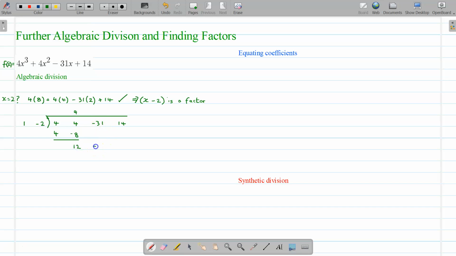Bring down the negative 31, and now I'm saying how many times does 1, negative 2 go into 12, negative 31? Just look at the 1 and the 12, it goes in 12 times. 12 times 1 is 12, and 12 times negative 2 is negative 24. Do the subtraction to see what's left over.